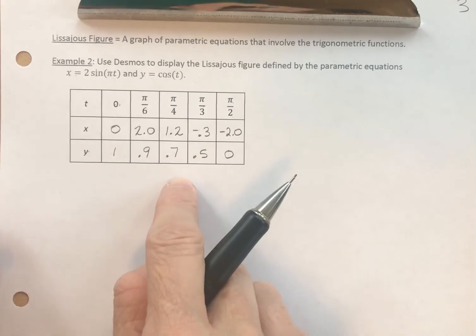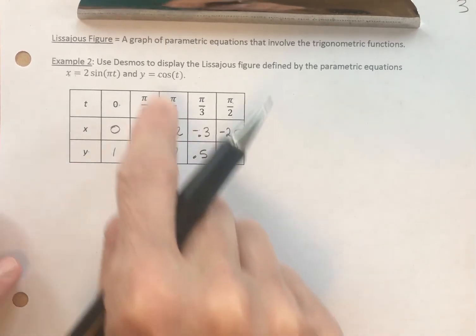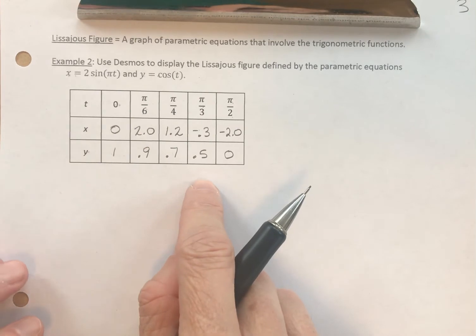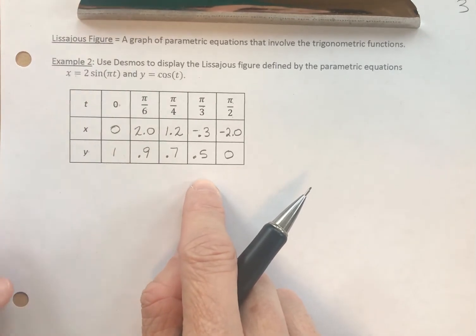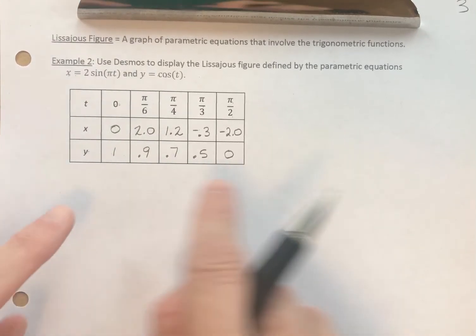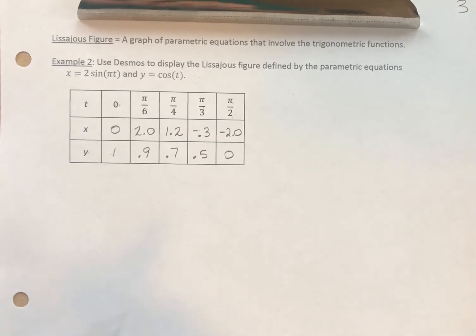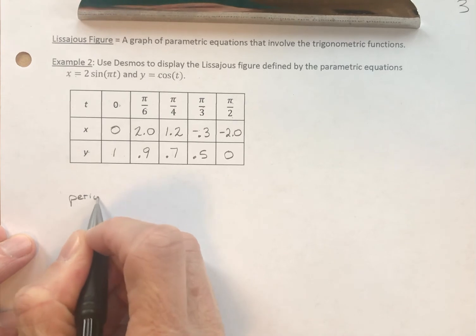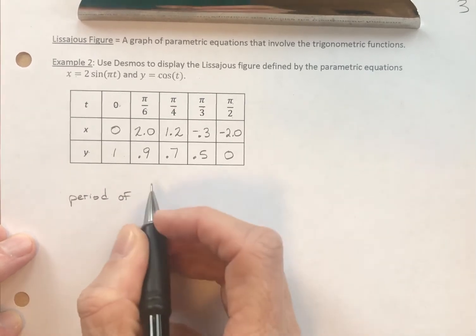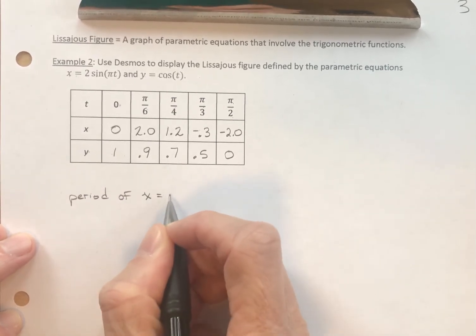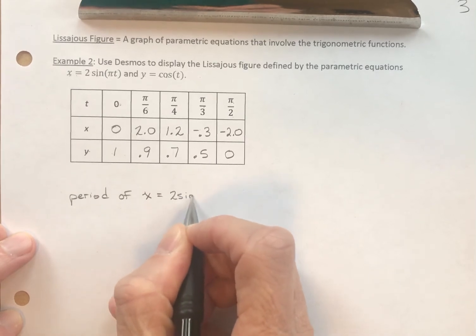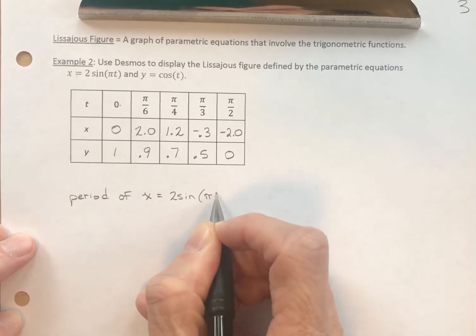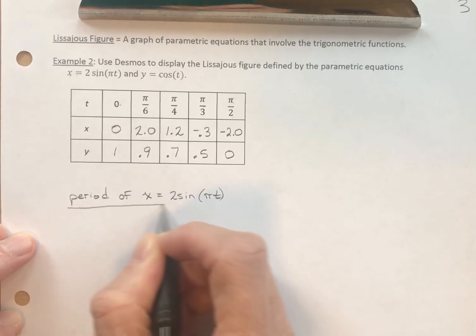Before we take a look at this on Desmos, let's determine how far we want our t's to go. What should our t parameters be? Well, let's first notice the period of the x equation, 2 times the sine of pi times t.